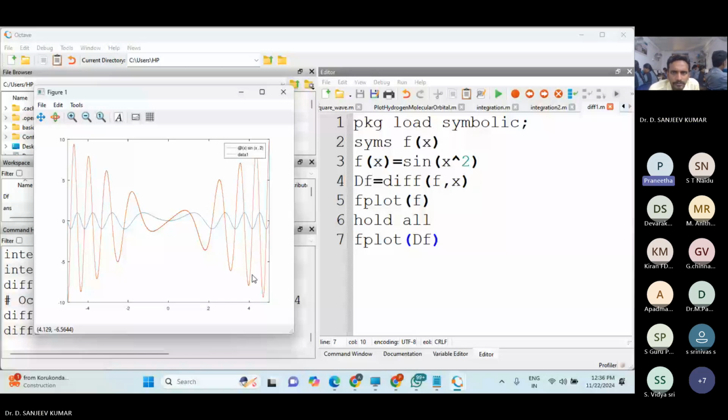The function sin x square is the blue curve and the solution 2x cos x square is the red one.